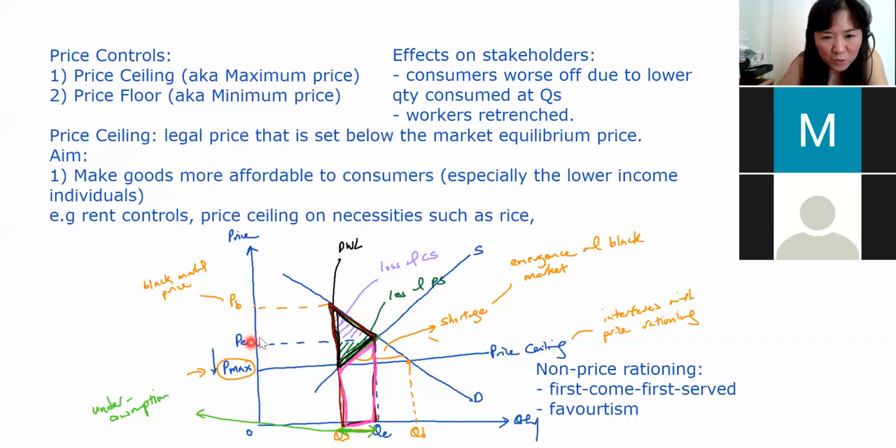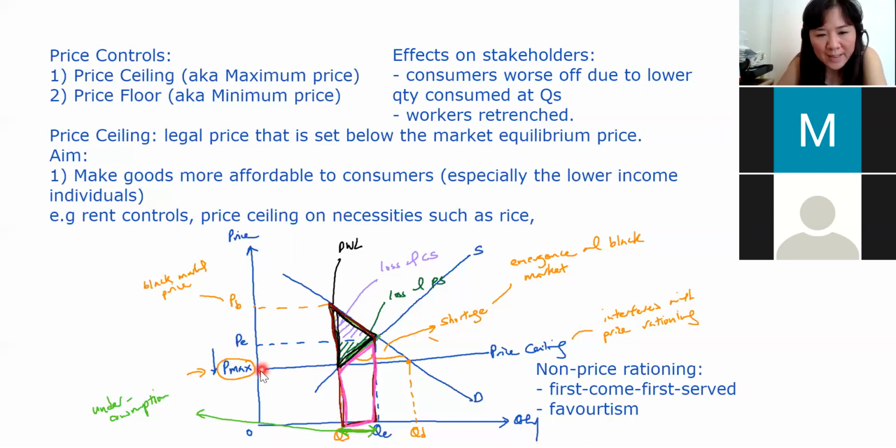This is the original total revenue received by the producers. But now, this price ceiling puts a limit on how much they can charge the consumers, so price fell to P max and the quantity transacted fell to QS. So this area here is the new total revenue.